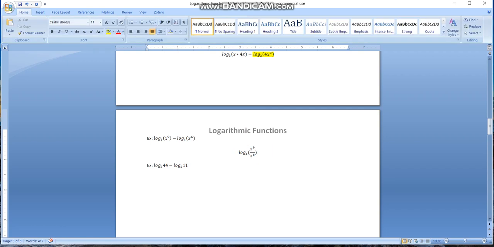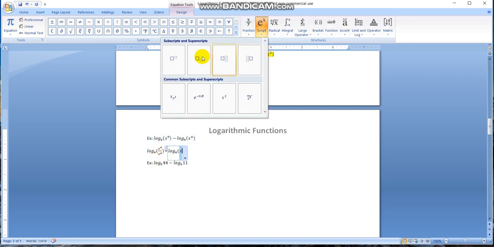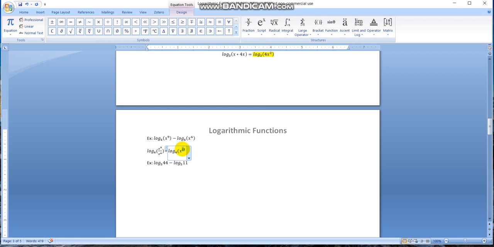So if you had to simplify this, x to the 9th divided by x to the 6th, so this is going to be x cubed. And that is your answer.